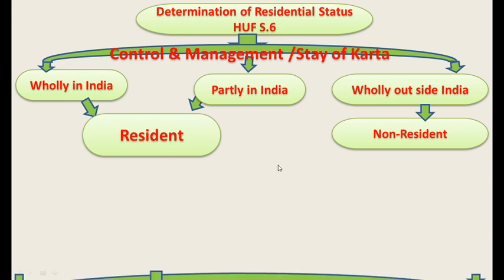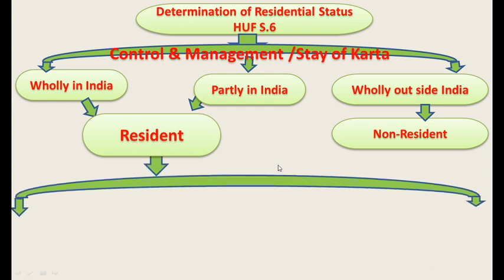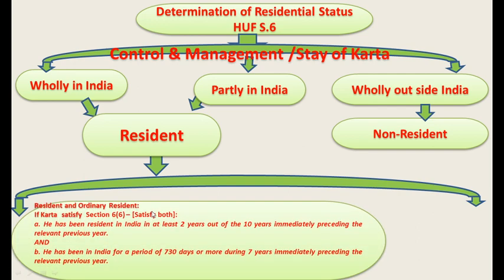Then, friends, the resident status of Hindu undivided family is also divided into two categories. The first category is resident and ordinary resident. When any Hindu undivided family satisfies the control and management conditions, it will be considered a resident. But further, resident is divided into two categories.